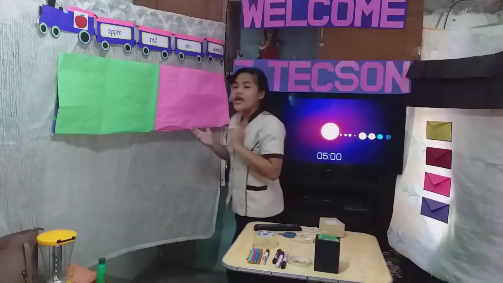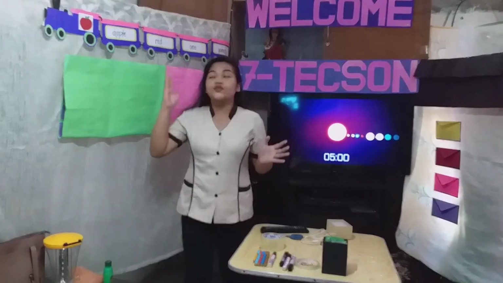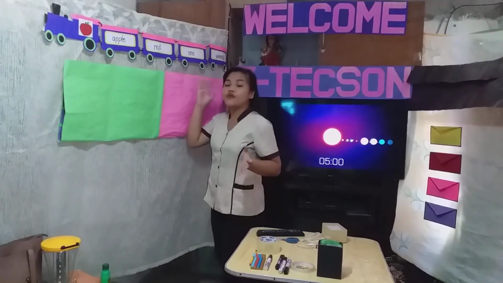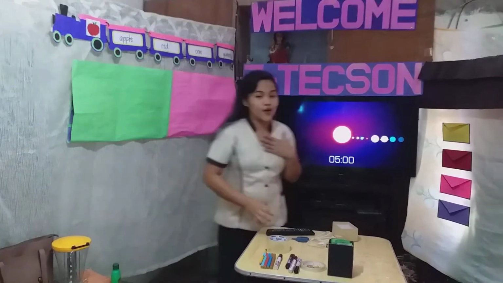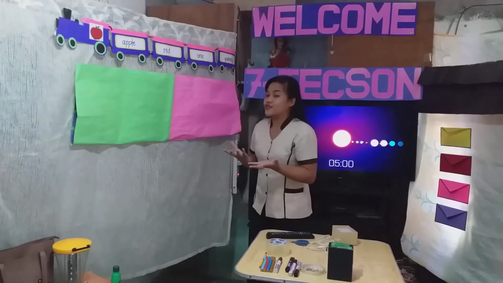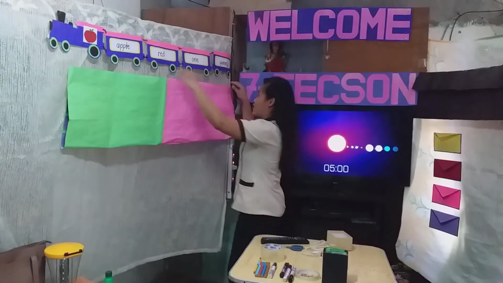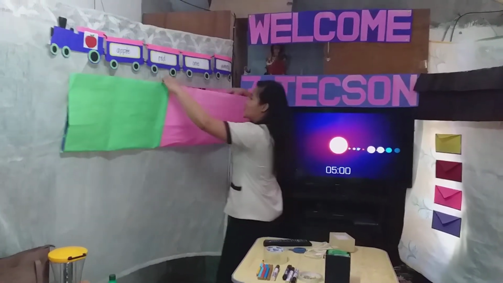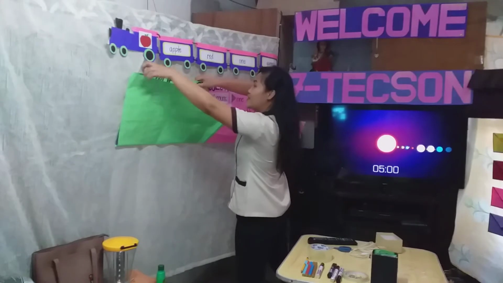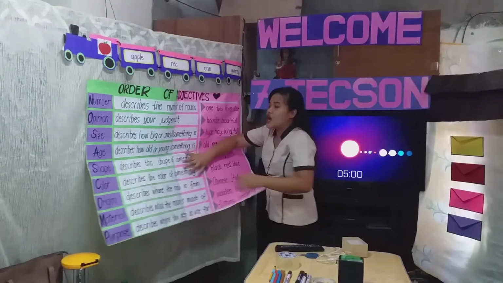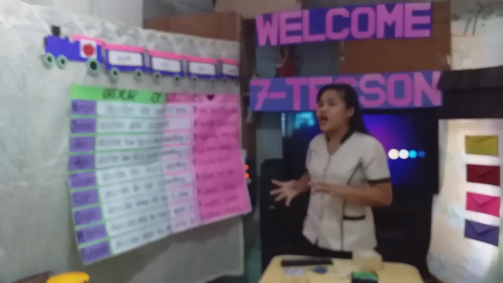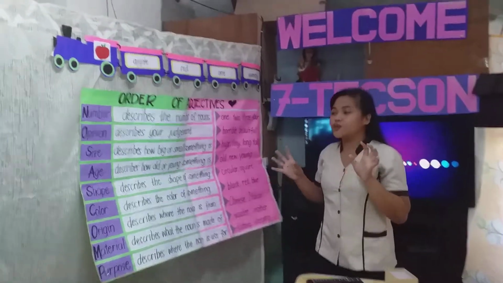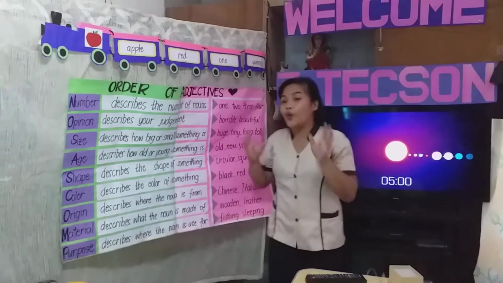Now, is it possible to use 1, 2, 3 or more adjectives in a sentence? For you to know the answer, let me show you this chart. In English, we usually use more than one adjective, but we are not going to place those adjectives wherever we want.